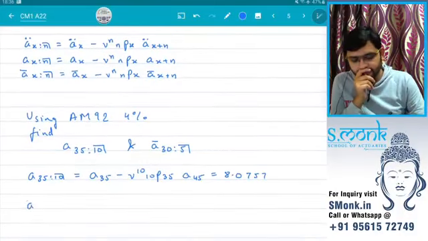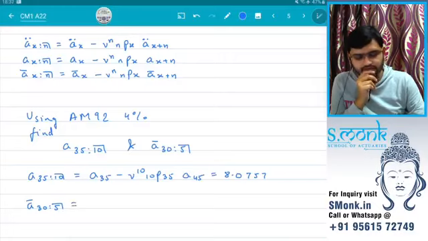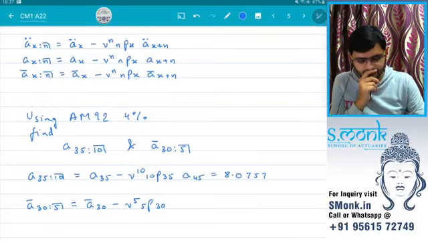What about A bar? We'll say A bar 35 5 will be A bar 30 minus v raised to 5, 5p 30, and then A bar 35.